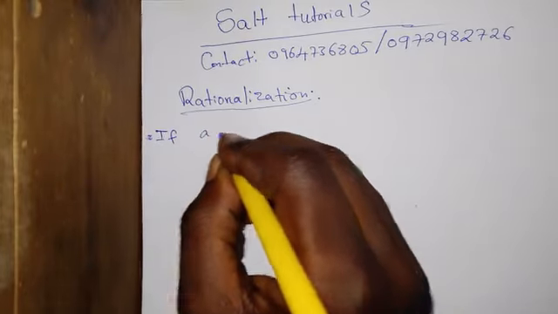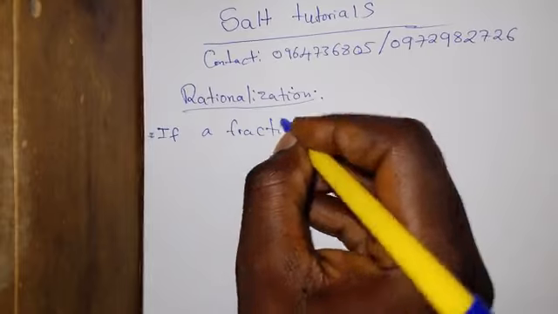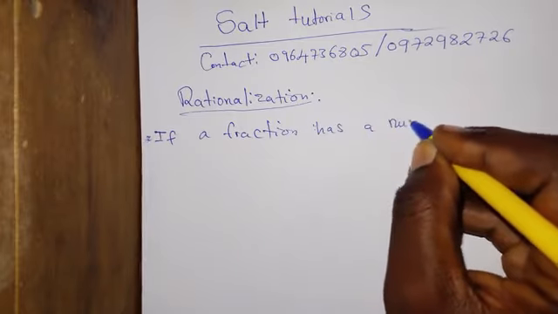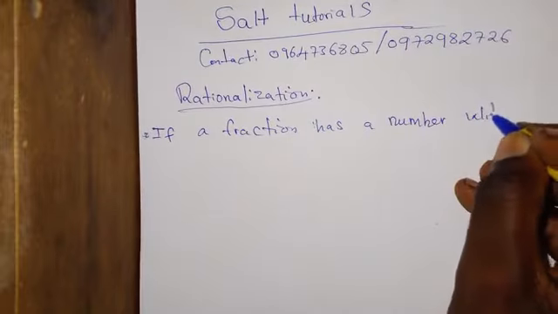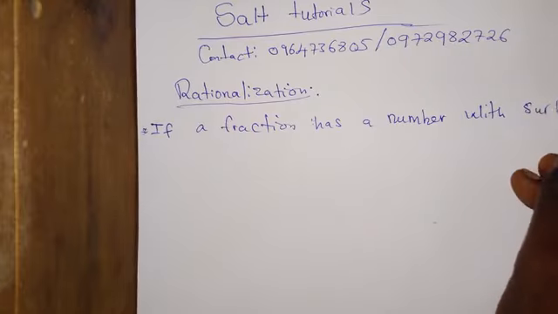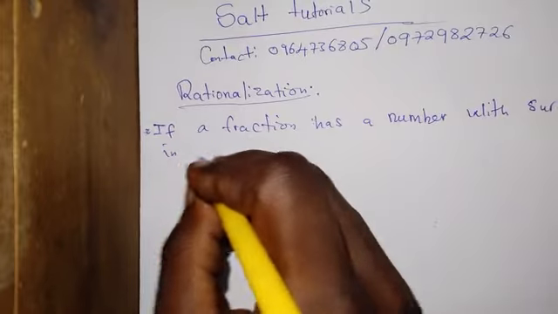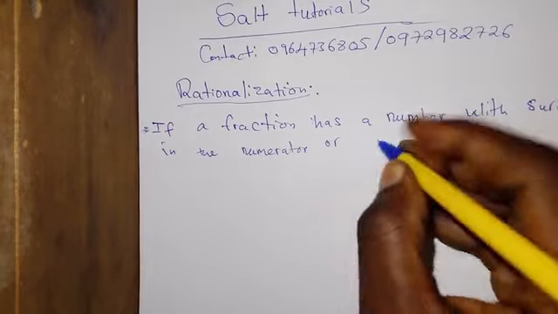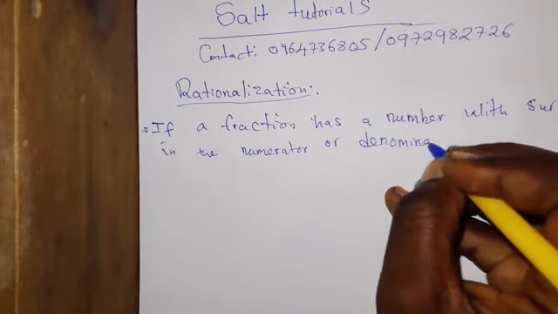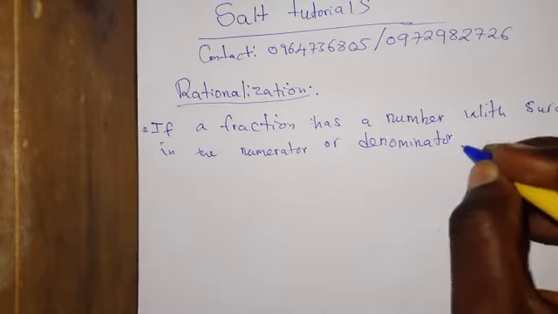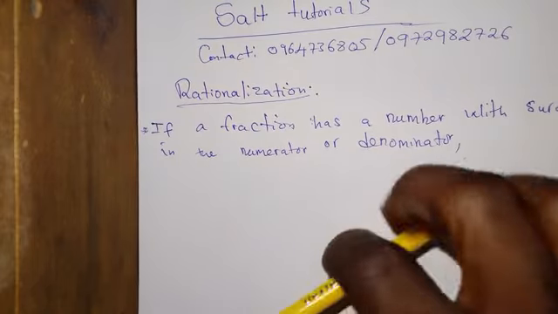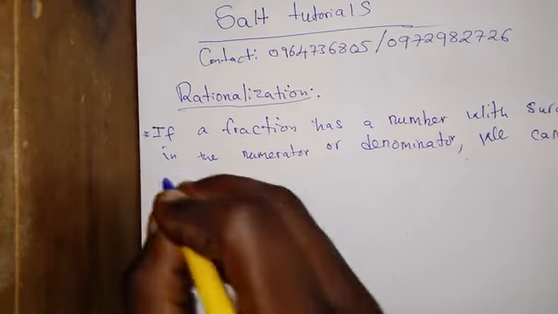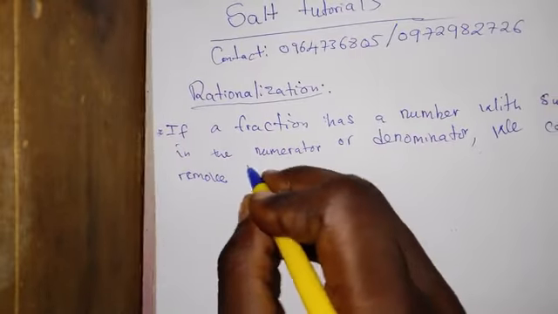We're being taught to say if a fraction has a number with surds in either the numerator or denominator, we are able to remove the surd.